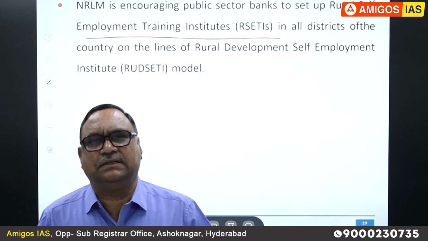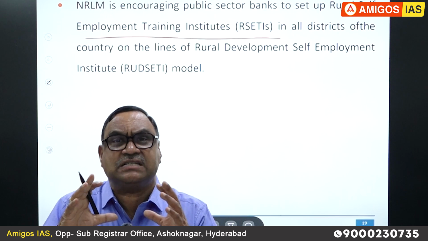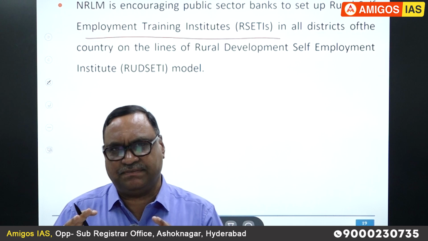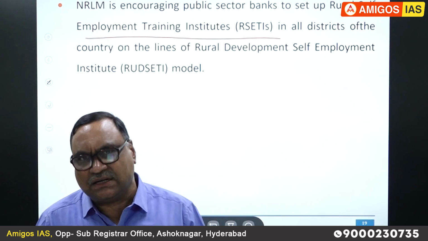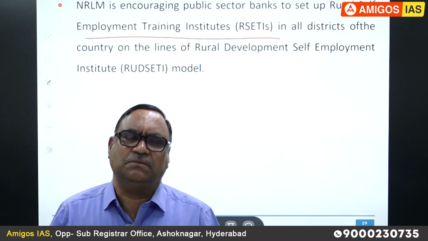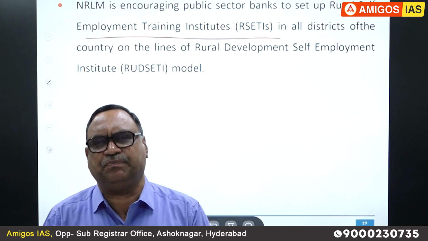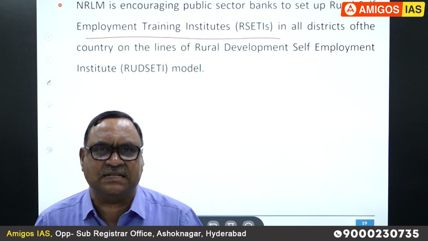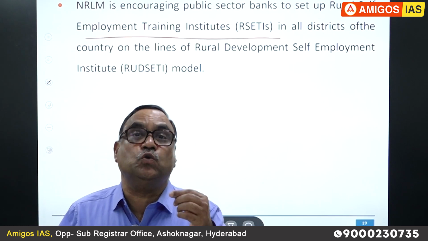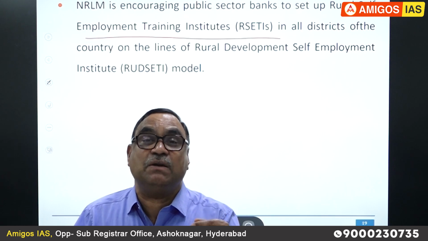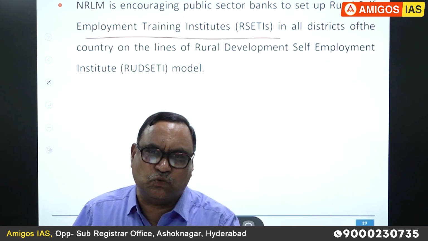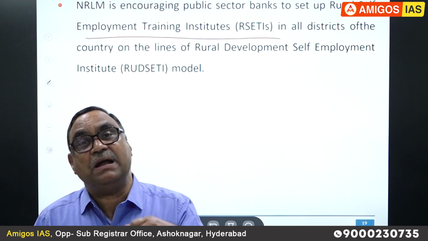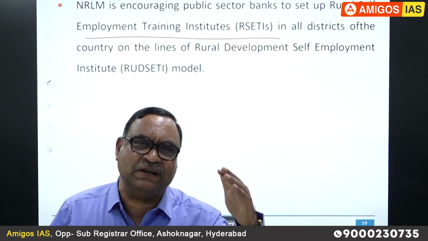Then third, financial assistance is provided for these micro enterprises through the public sector banks. Because of the significance of this program, many public sector banks have come forward to provide financial assistance to these trained youth who are the members of the self-help groups or network of the self-help groups. And another important aspect is that the repayment of the loan rate has improved very much.